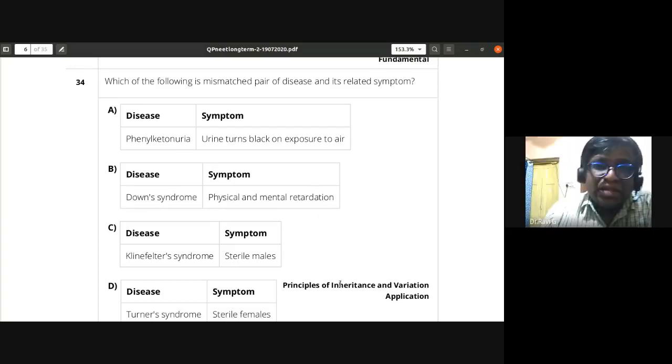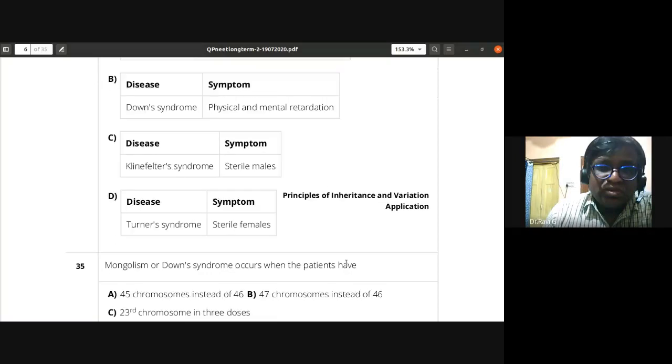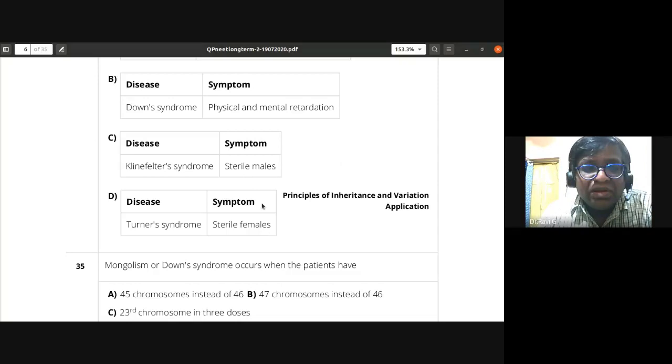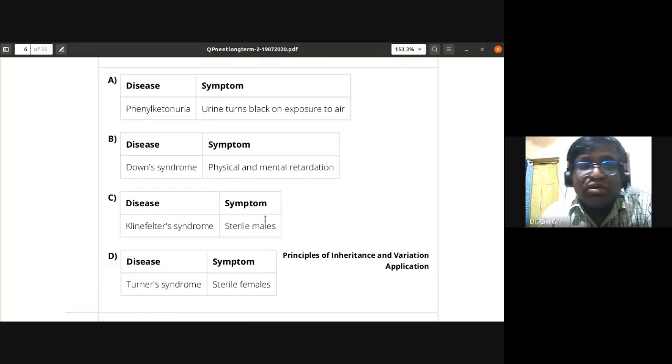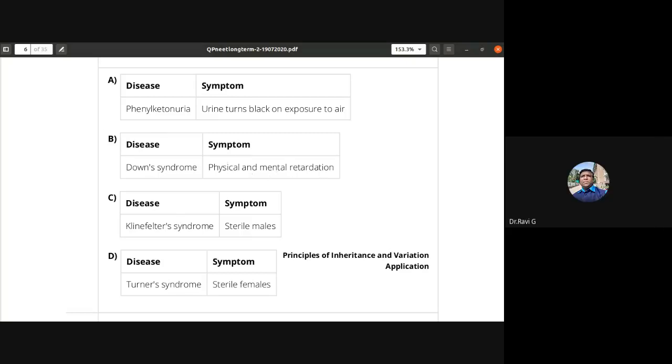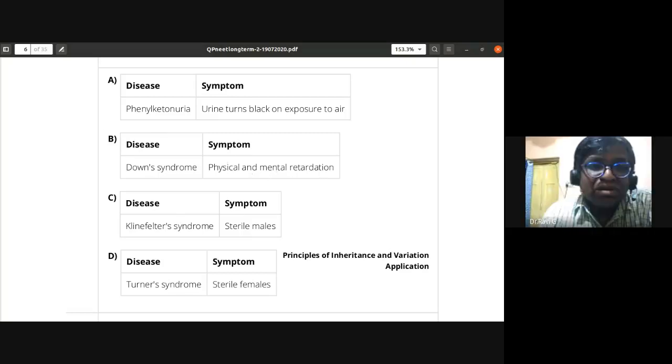So that is also correct. Disease Turner syndrome, sterile females. So these are correct. So here we have to find out the mismatch. Down syndrome, mental retardation is there. So the answer is B. Down syndrome, there is only mental retardation, not physical retardation.